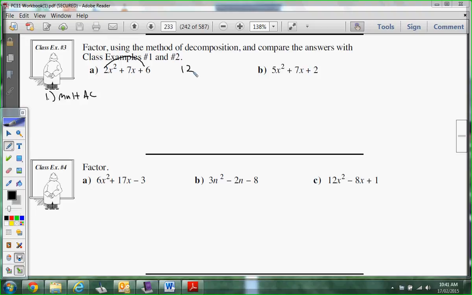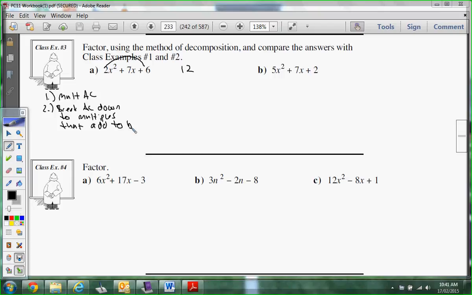Okay, so what I want to do now is step 2, break AC down to multiples that add to B. So we want multiples of 12 that add to 7.